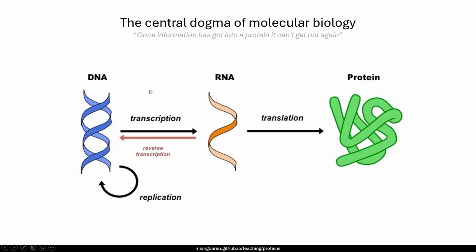Obviously, different processes also occur that allow replication, that is, where a feedback within this same type of molecules, or even that we can return the chain from RNA to DNA through what is known as reverse transcription. But in general, let's say that the central dogma that was raised in its first steps suggests that once the information reaches the protein's level, it can no longer influence again what would be the other levels that precede it.